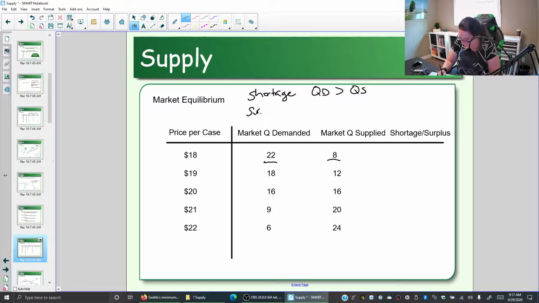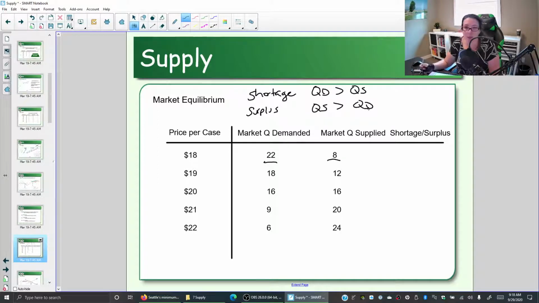A surplus is when quantity supplied is more than quantity demanded. There's excess on the shelf. Well, the challenge with shortages and surpluses is the economy or this market is not in equilibrium. We want more than there is, or there's too much. So what happens when you have shortages and surpluses is it changes the price.